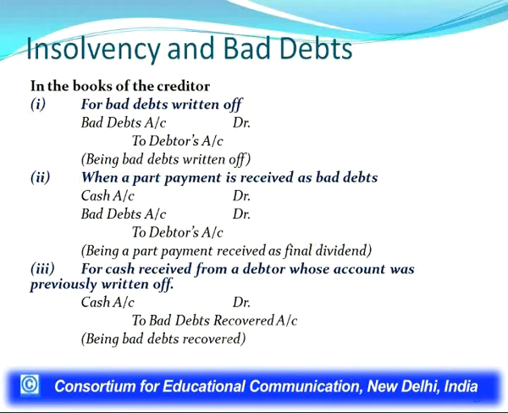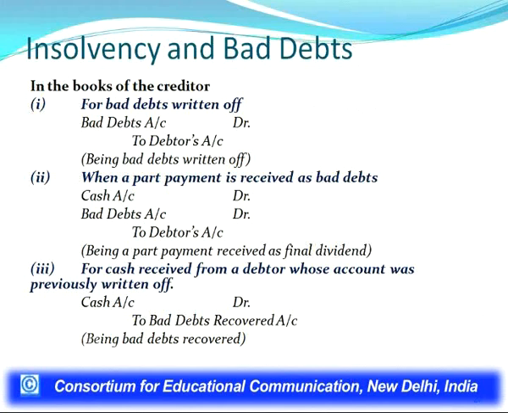Then some other special transactions. One is the insolvency and bad debts. Insolvent is a very common word. Insolvent is a person or a firm whose assets are not sufficient to pay its liabilities in full.